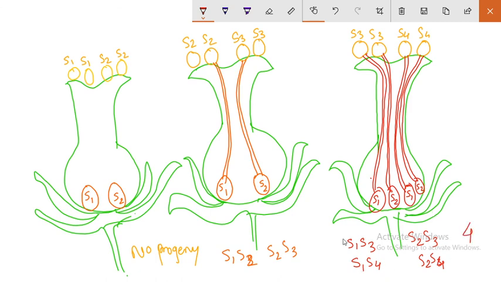Four progenies will be produced. Here only two. Here no, zero. Such cases are the semi-compatible.